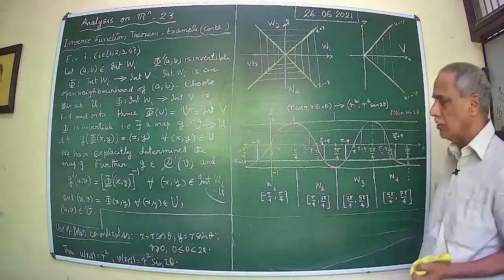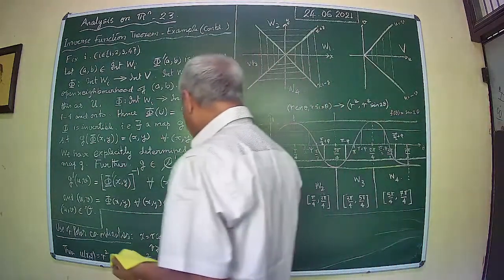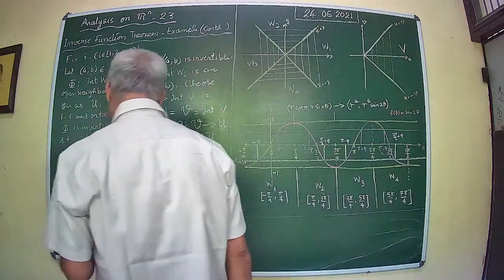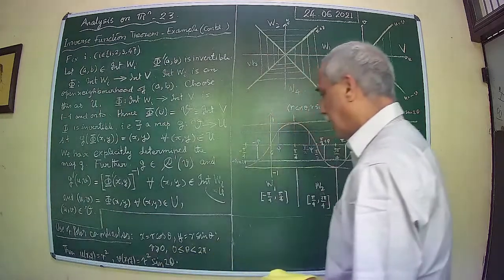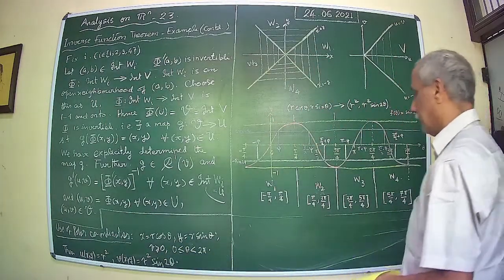Therefore, the image of r cos theta, r sin theta is r square sin 2 theta.